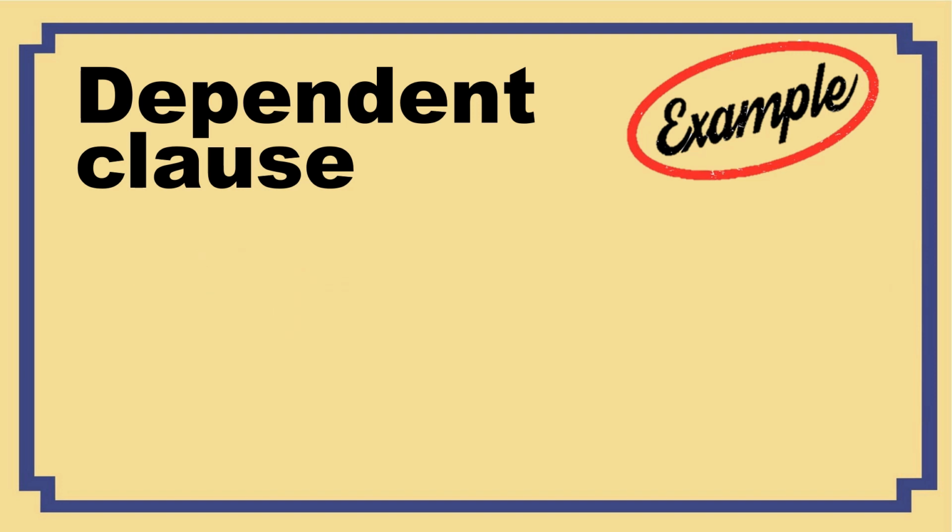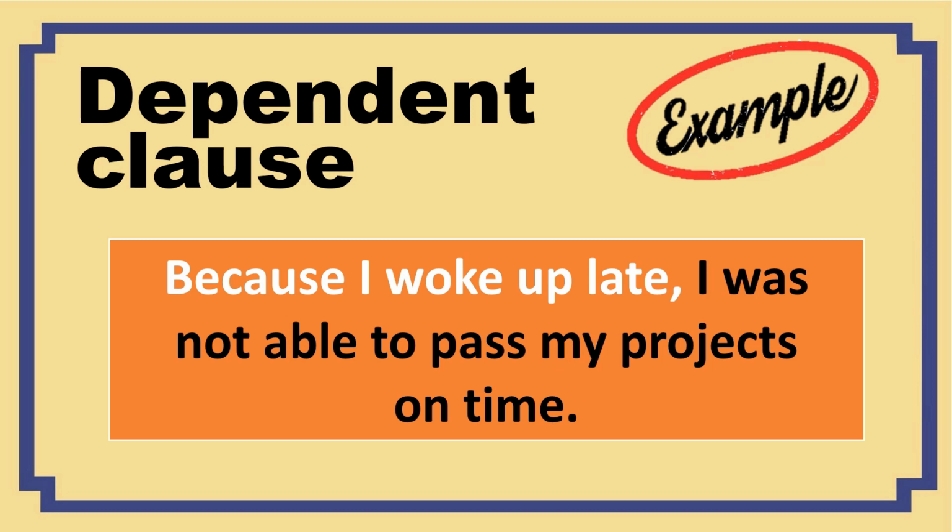Another example is, because I woke up late, I was not able to pass my projects on time. This sentence is also divided into two parts. The first part is, because I woke up late, and the second part is, I was not able to pass my projects on time.